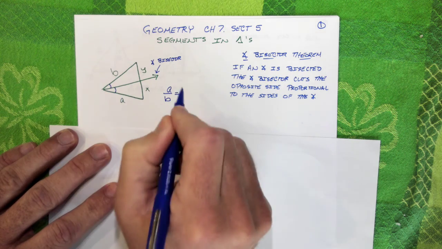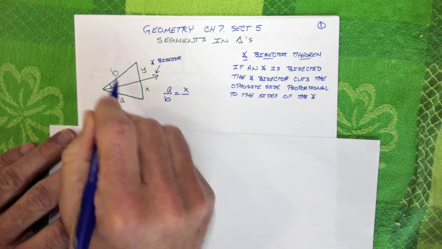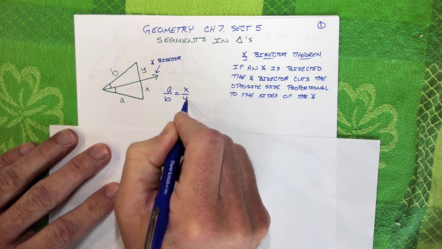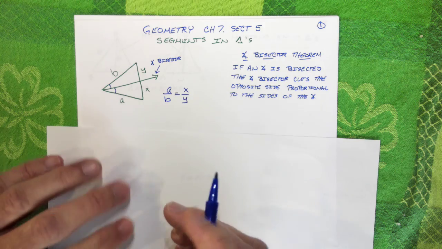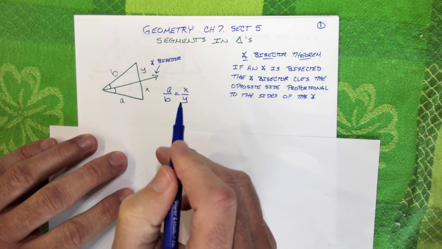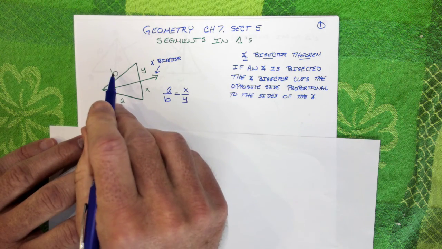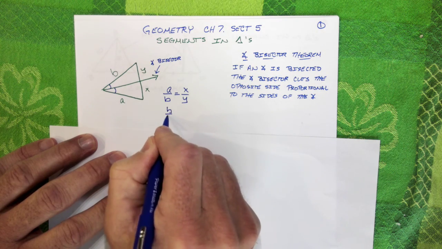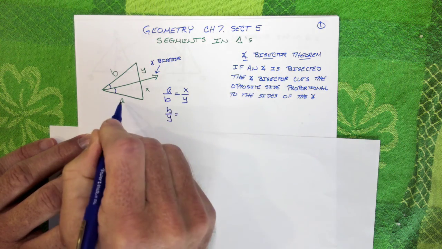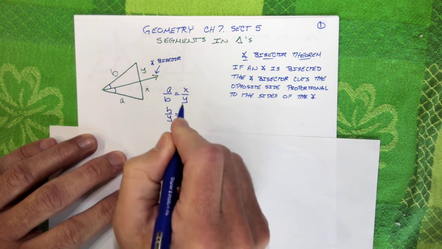So I'm going to take the bottom part compared to the top part. You can do it that way. Some people are going to say that I want to compare top triangle to top part, B to Y, bottom triangle to bottom part.